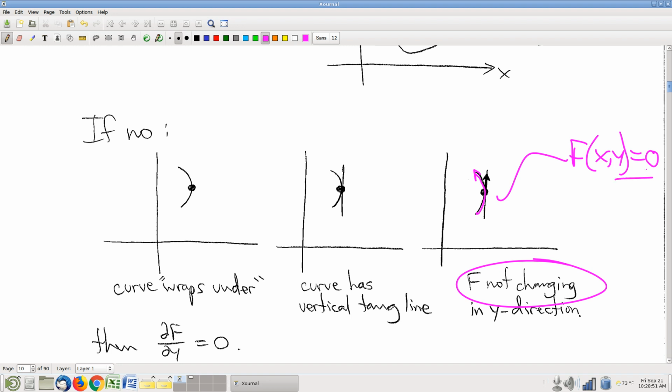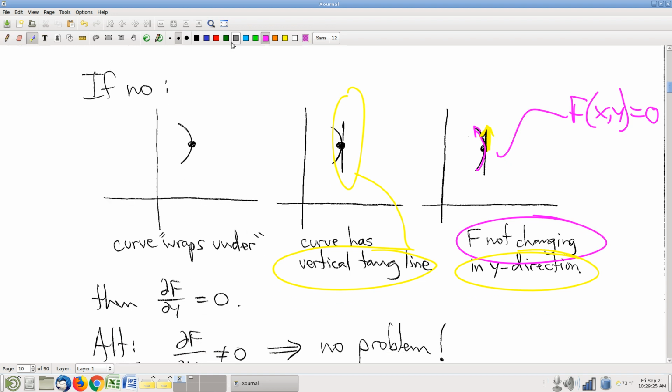That's what constant means. Right? So f is not changing as you move along that curve. Oh, hey, also, notice as you're moving along that curve at the point in question, you are moving vertically because we have a vertical tangent line. So as we are moving along that curve, as we are moving in exactly the vertical direction, the function is not changing. And here's an easy way to write that down.